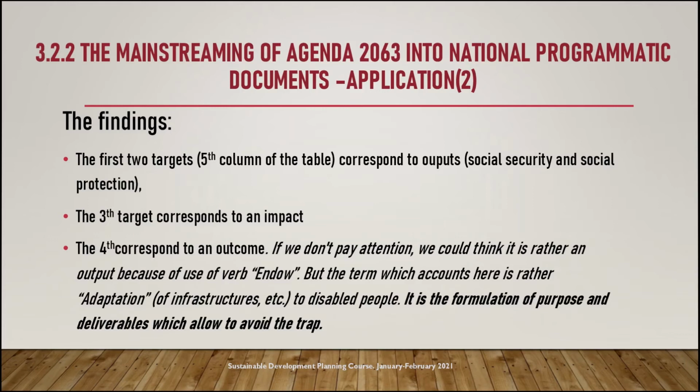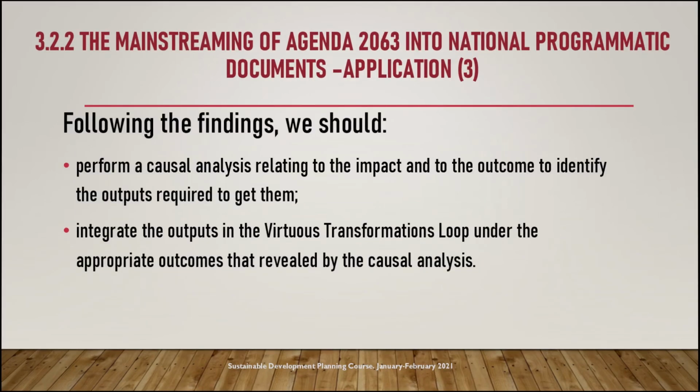But once we identify impact, outcome, and output, the next step will be to perform a causal analysis relating to the impact and the outcome to identify which outputs are required to get those results.